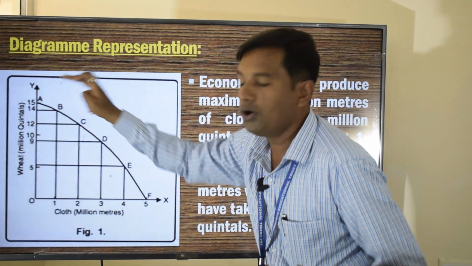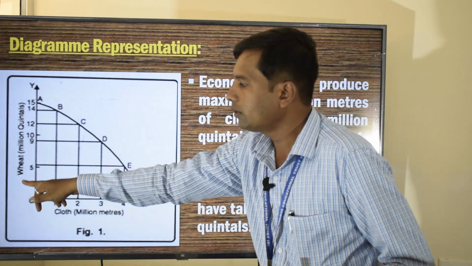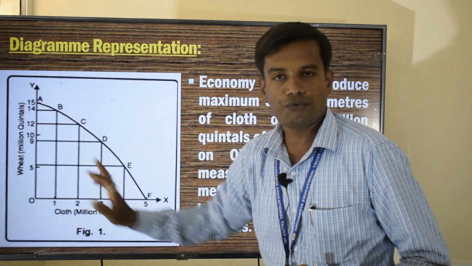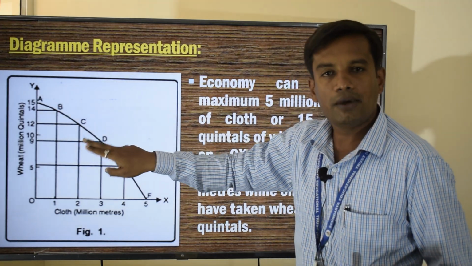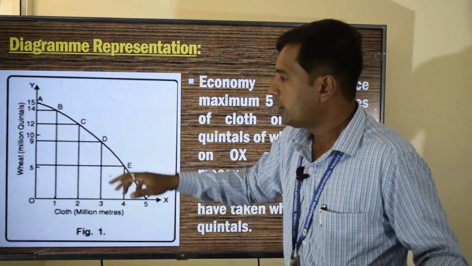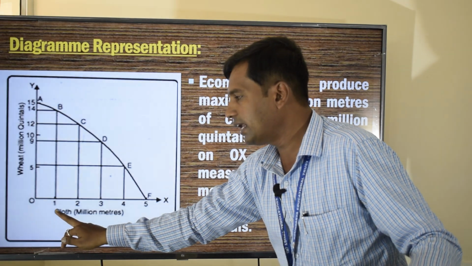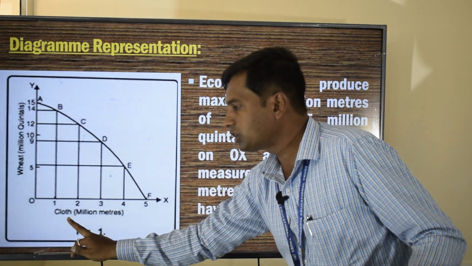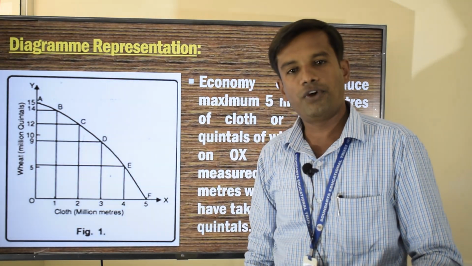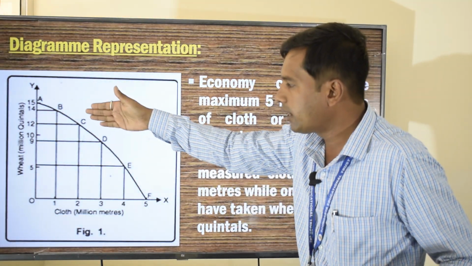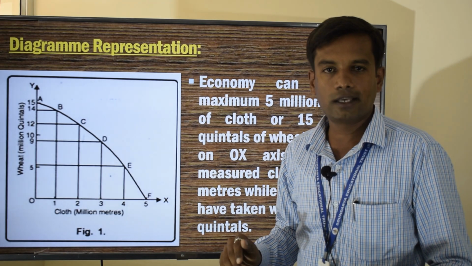It is reduced to 14 million quintals of wheat. Again, if the combination moves from B to C, now just observe there is an increase in the production of cloth. Once again there is a reduction in the production of wheat. Likewise there are so many combinations.